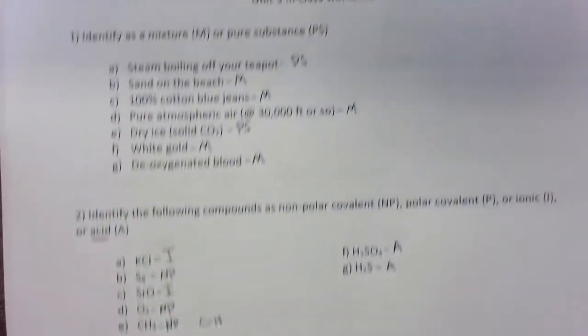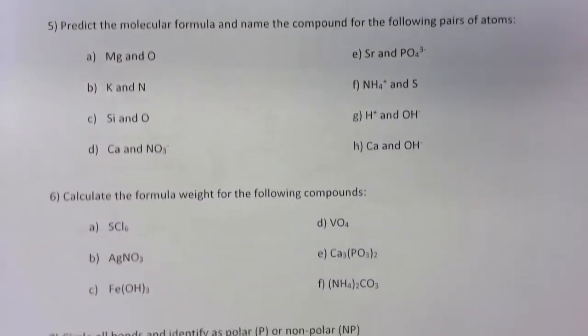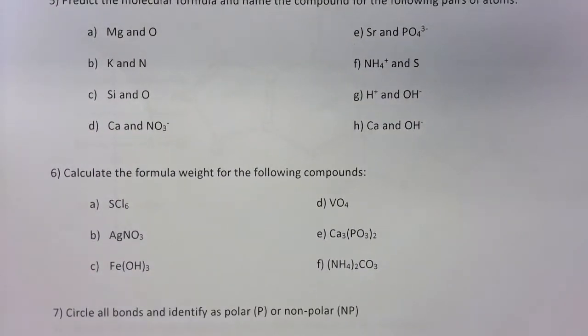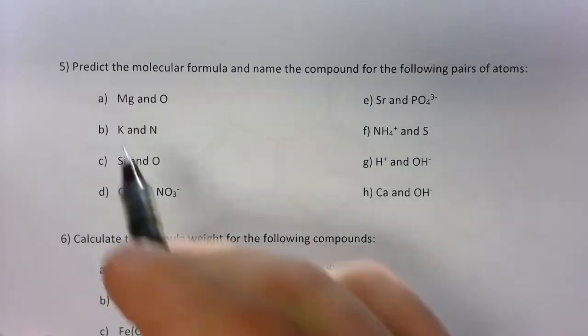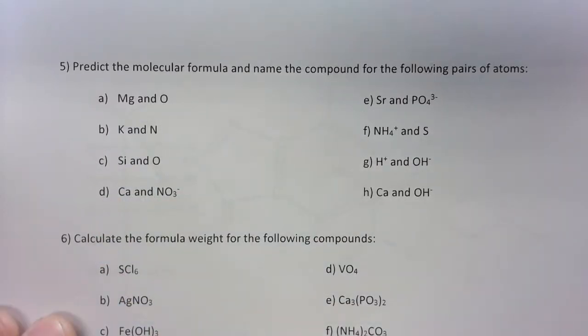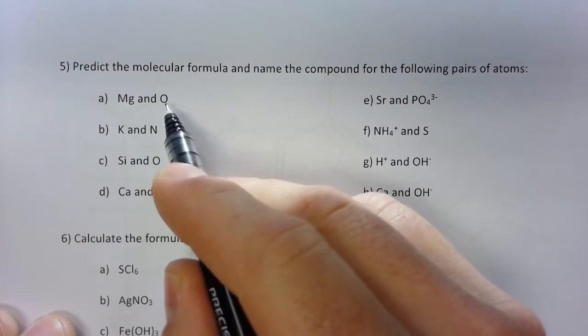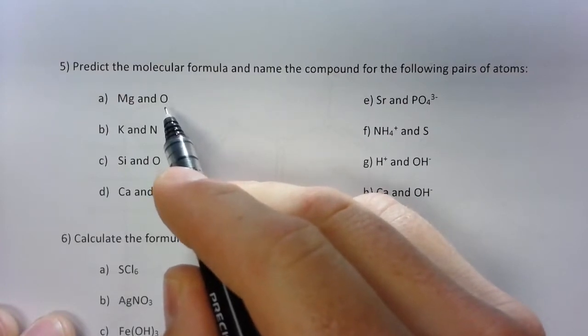All right, on to page 2. Number 5, predict the molecular formula and name the compound for the following pairs of atoms. Okay, so with this one, Mg is going to become 2+ because it's in group 2. It will lose 2 electrons. Oxygen's in group 6A, so it will gain 2 electrons.